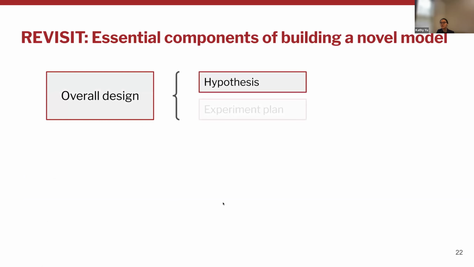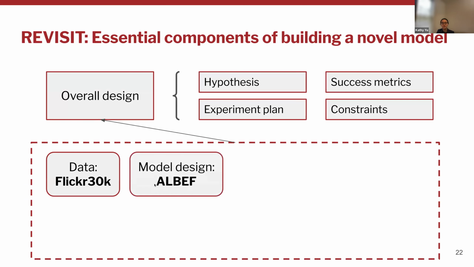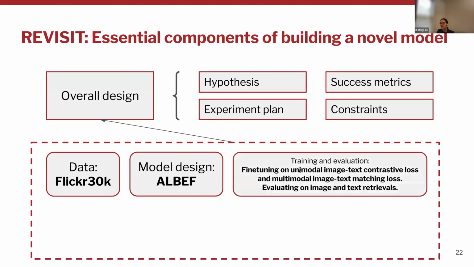So let's just quickly revisit all of the essential components that we had for building a model. So with data, we used Flickr30K. With model, we used the ALBEF model. With training, we are training on the two contrastive losses, the image-text contrastive loss and the image-text matching loss. And then we were evaluating on image and text retrievals.